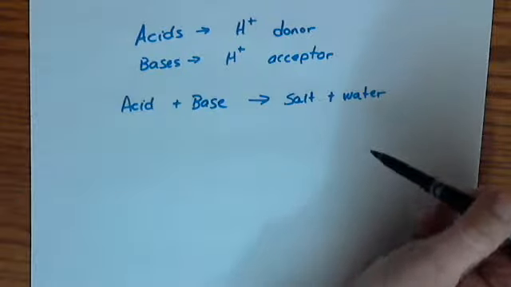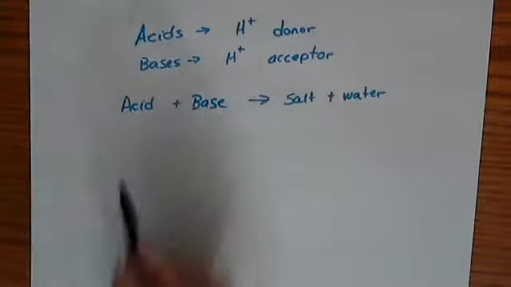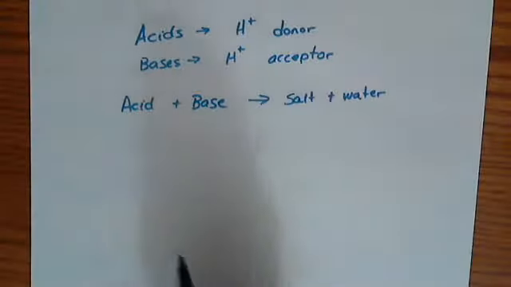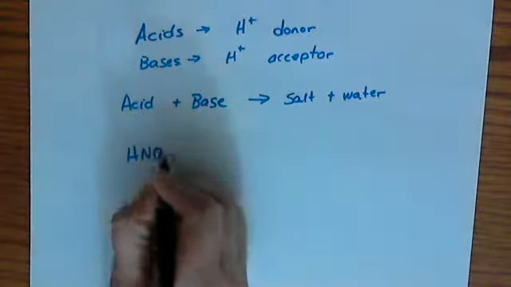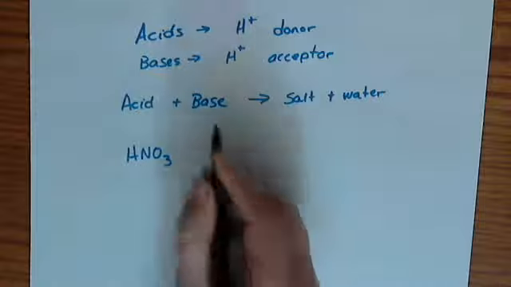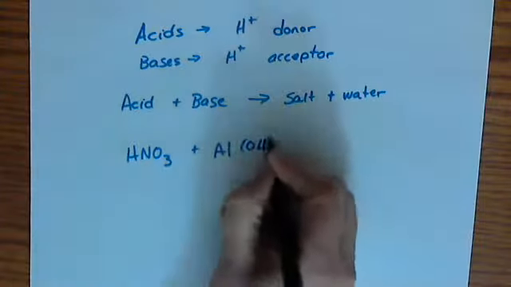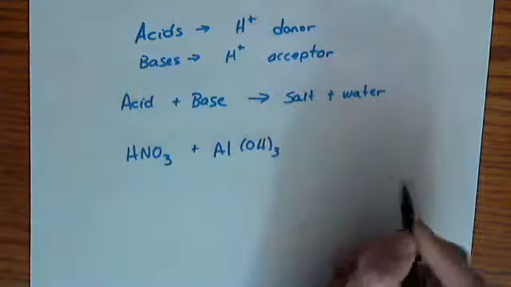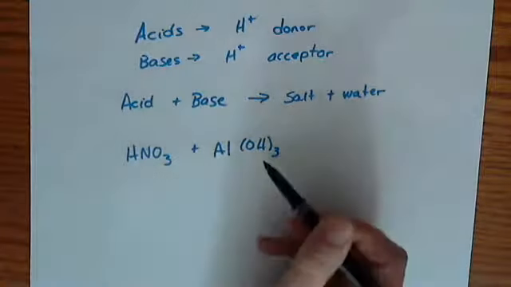Okay. So we've talked a lot about lots of different kinds of acids and bases, but let's do a couple of examples. Right now I am looking at an example on page 332 in your textbook where we have HNO3 plus Al(OH)3. And we want to know what we get. So this is going to be our acid, and this is going to be our base.